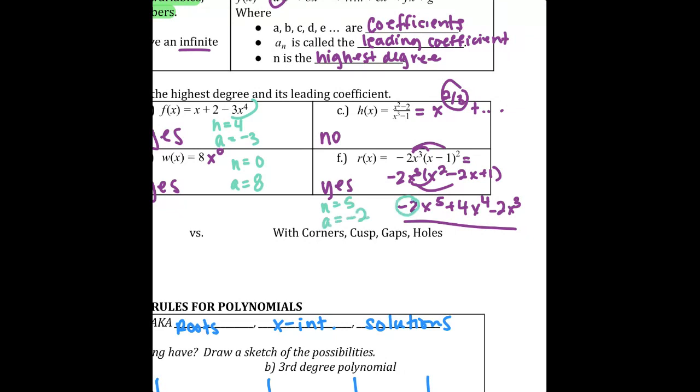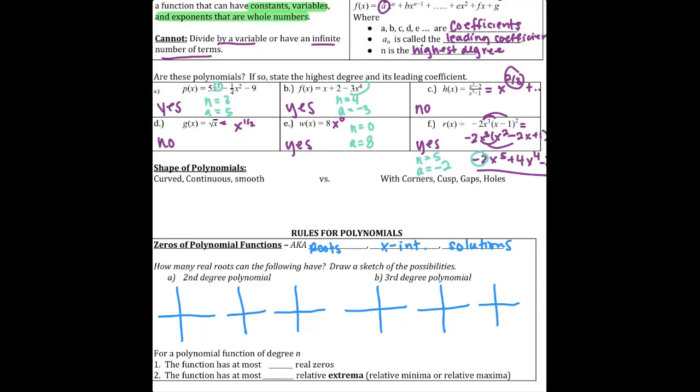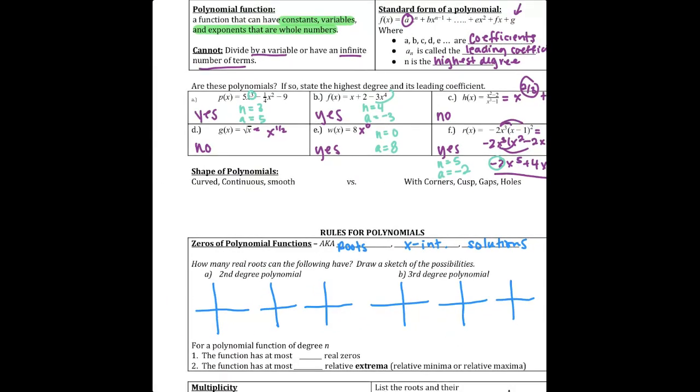Okay? So when we sketch polynomials, they are smooth. So they look more like this. Smooth lines, not with corners or cusps or holes.